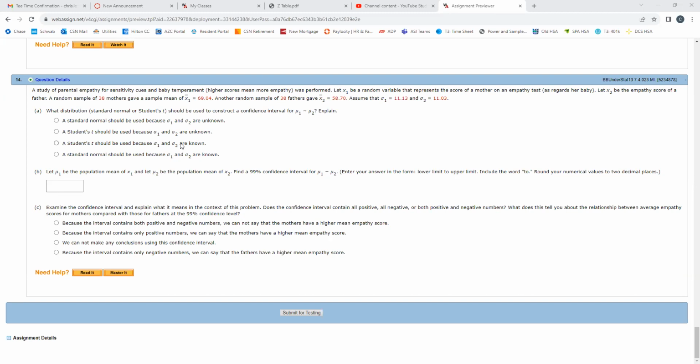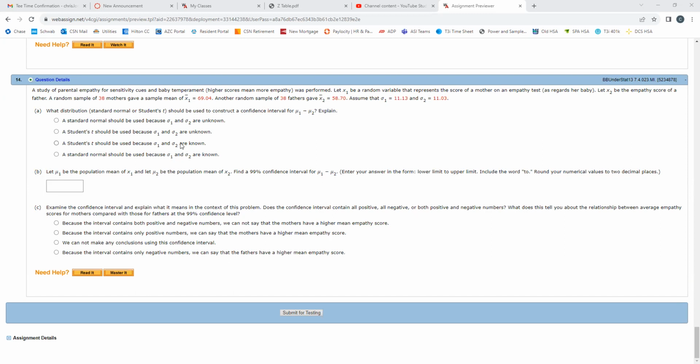Then we sample 38 fathers and see that the X bar 2 for them is 58.7. And now we have population variance, sigma 1, for the mother group, is 11.13, and sigma 2, for the father group, is 11.03.